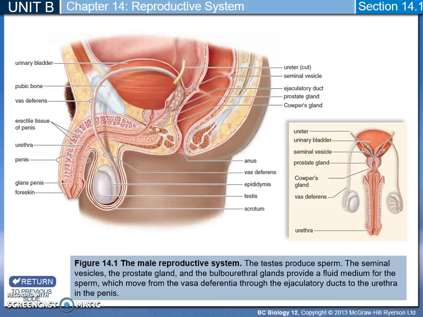Here's a cross-section of the reproductive structures in the male, and you can see them clearly labeled here.